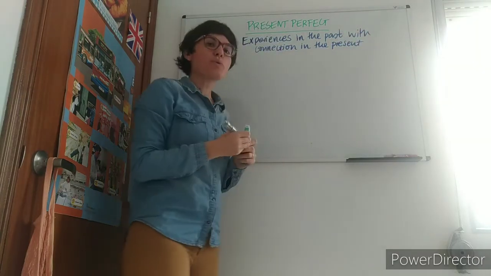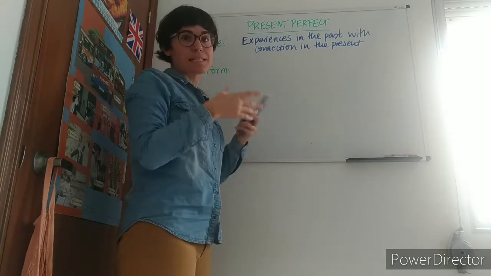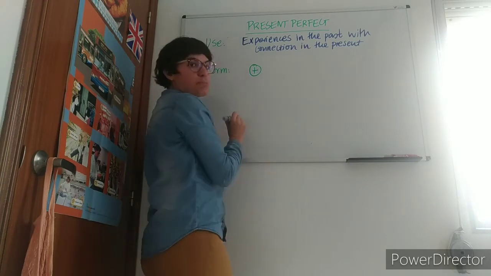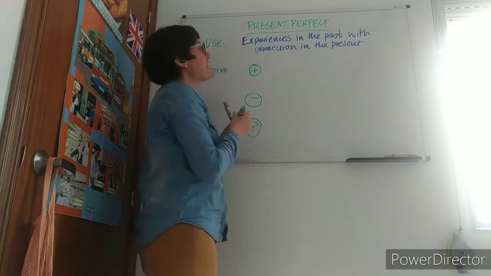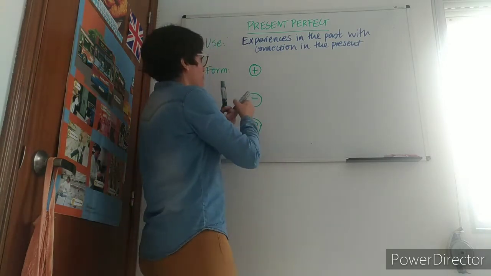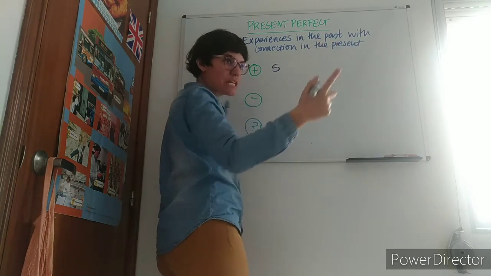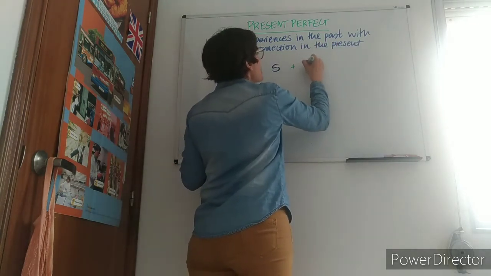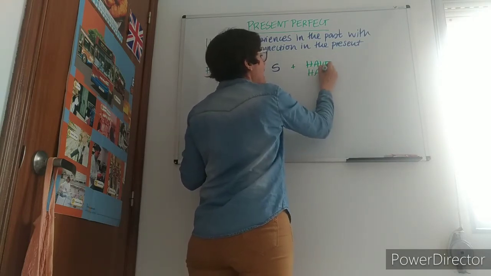Okay, so how do we form the present perfect? As we always say, we have the affirmative form, the negative, and the interrogative. In the affirmative, we need a subject: I, you, he, she, it, we, you, and they, and then we use have or has.